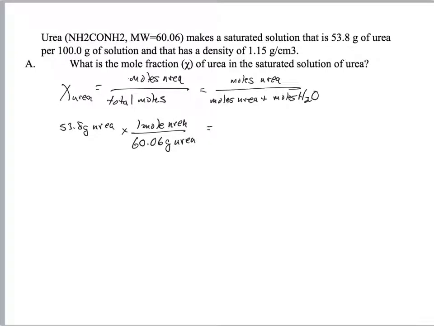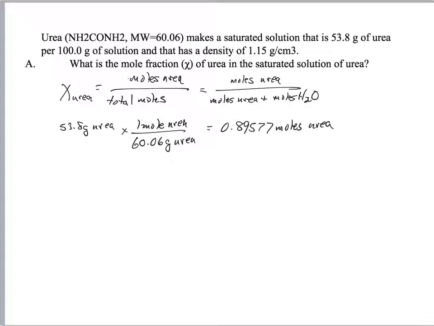And so that is going to be equal to 0.89577 moles of urea. Keep some extra decimal places, not rounding too early.